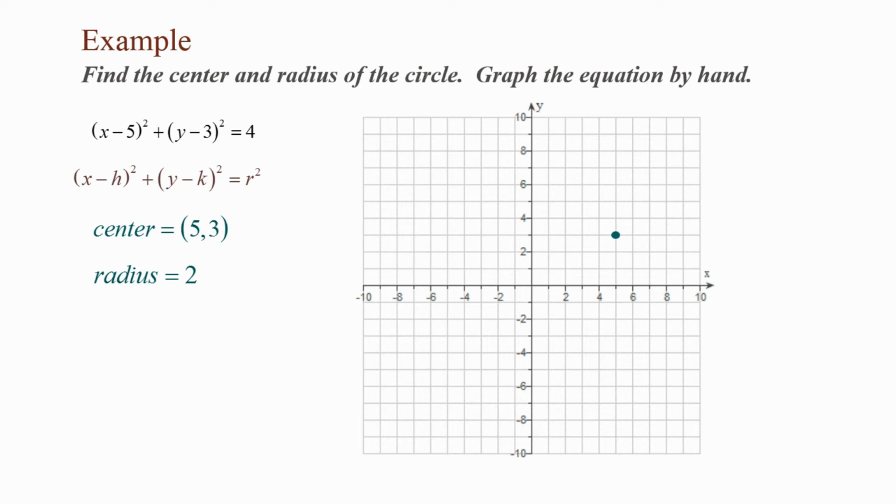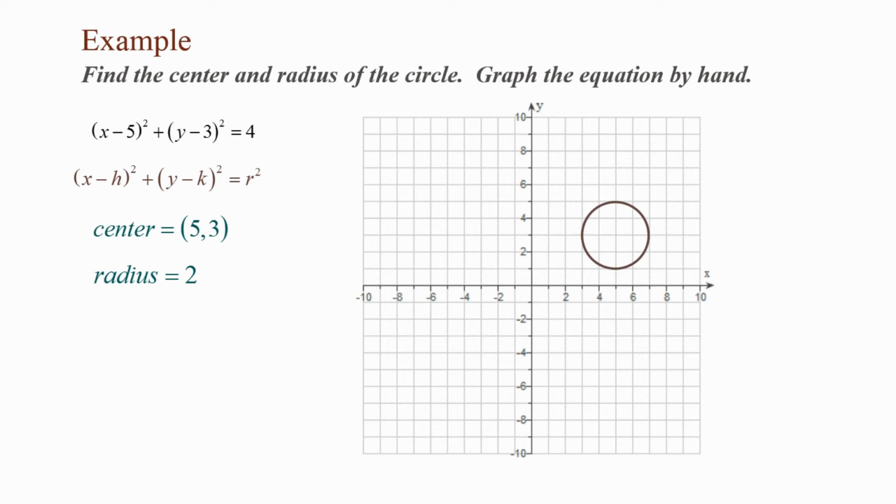I will start at the center and go to the right 2 and plot my point. Then I want to go up 2 and plot my next point. I'm going to go left 2 and plot my point. Then down 2 and plot my point. Now I'm ready to draw my circle.